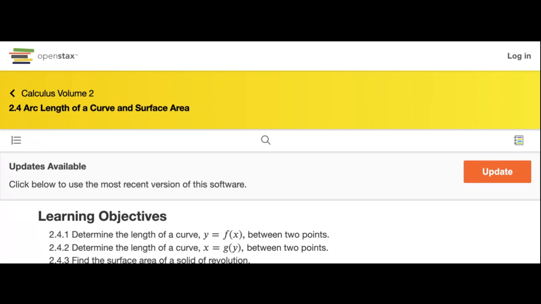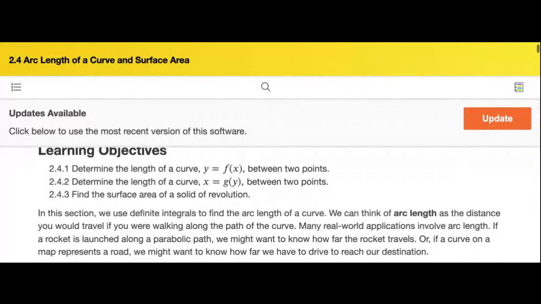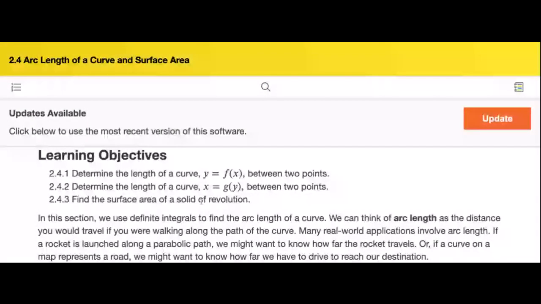If not, let's start. So today we're going to talk about finding the arc length of a curve and the surface area. We want to determine the length of a curve between any 2 points.